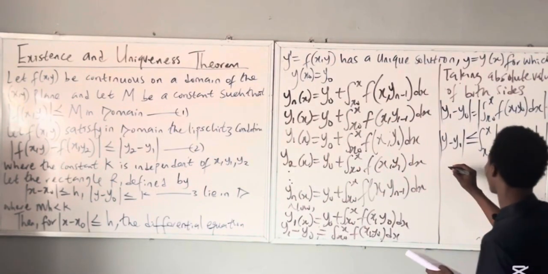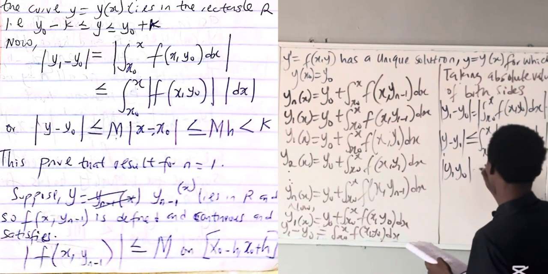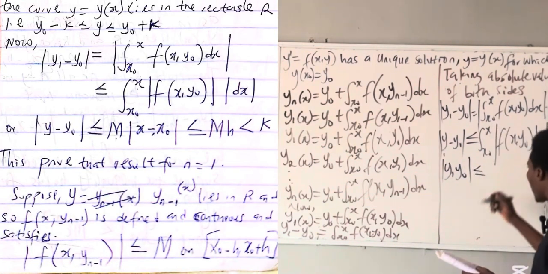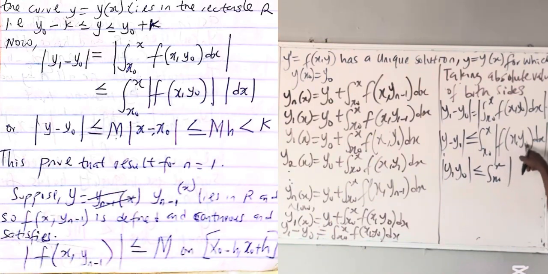So from there we have y minus y naught less than or equal to the integral s naught to x, then f of s, y naught, I'm going to have M, then ds. I'm going to have ds as well, because this absolute value is affecting ds too. So they separate it outside.